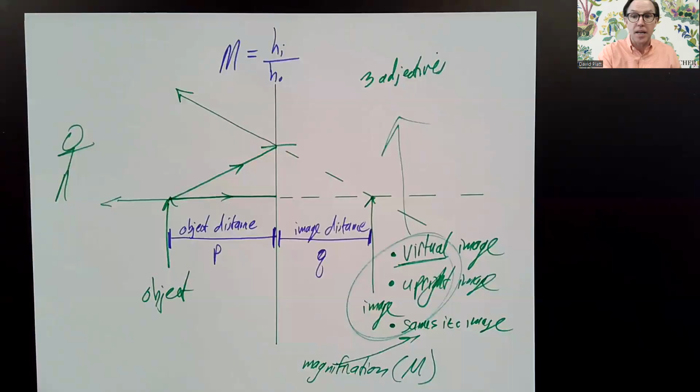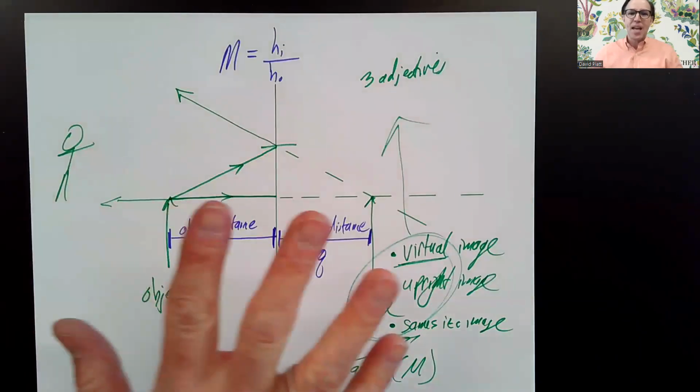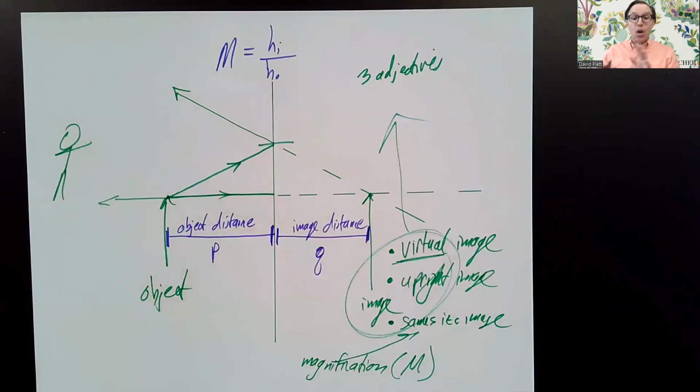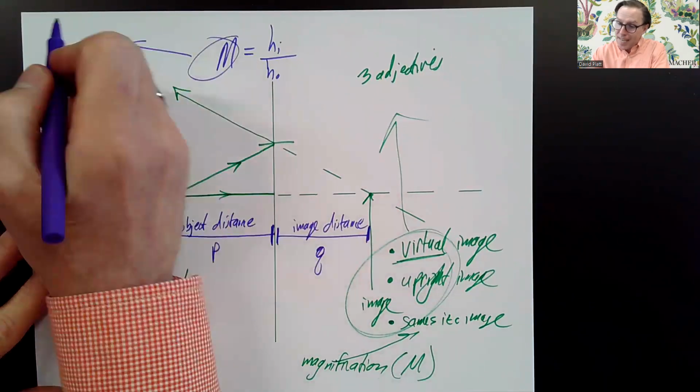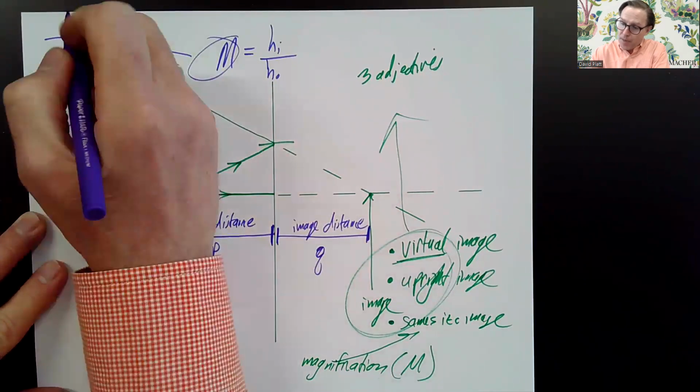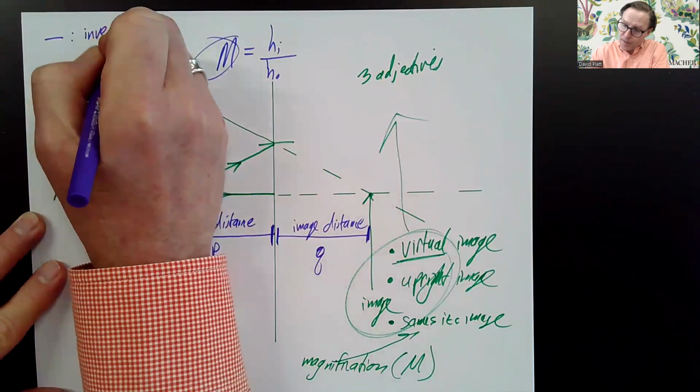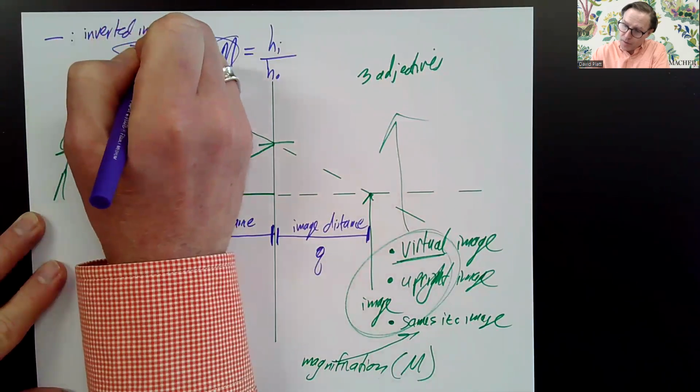So, share screen. You want to get back to my piece of paper so you don't see big Dr. Platt. Now you see a little Dr. Platt. And here's my screen again. Okay, so if the magnification is negative, that means we have an inverted image.